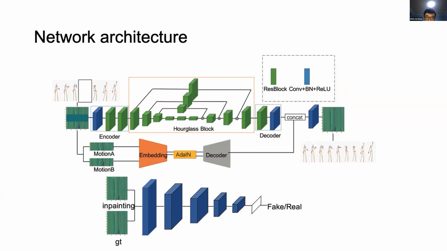Because given two motions, motion A and B, maybe they have a different root position. So we use the AdaIN layer to calculate the mean and the variance of the whole motion, and normalize them to the same mean and the same variance to decrease the effect of the different root motion.